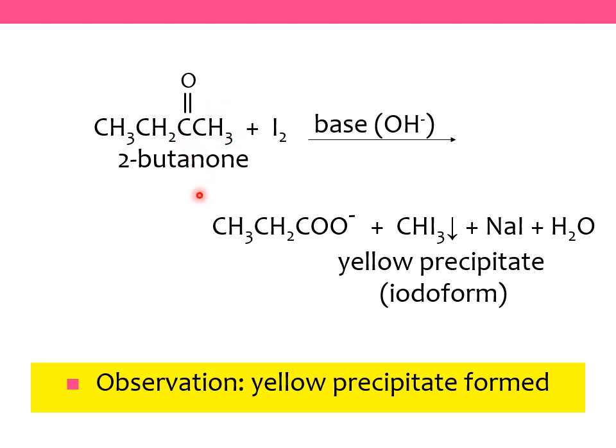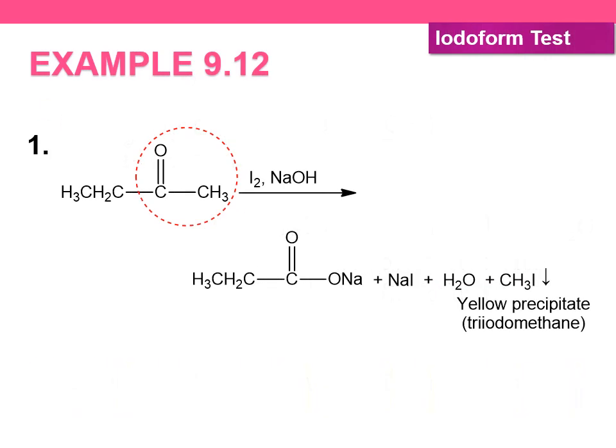In this example, the equation shows that the reactant is 2-butanone. Therefore, the reaction is going to produce CHI3, which is a yellow precipitate of a solid. Let's do example 9.12.